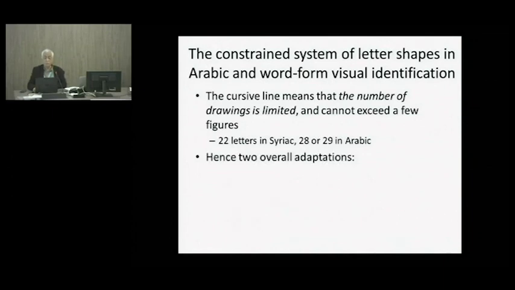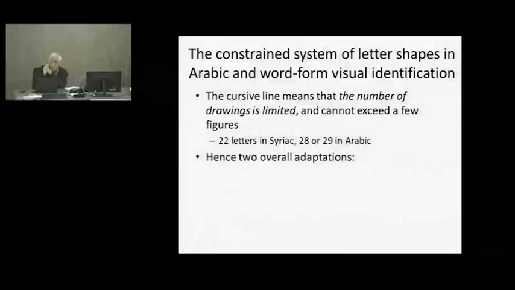The cursive line, in the same way as in Syriac, the writing is along a cursive line. But this means, in Arabic at least, which is different from Syriac, in fact, that the number of drawings is limited.